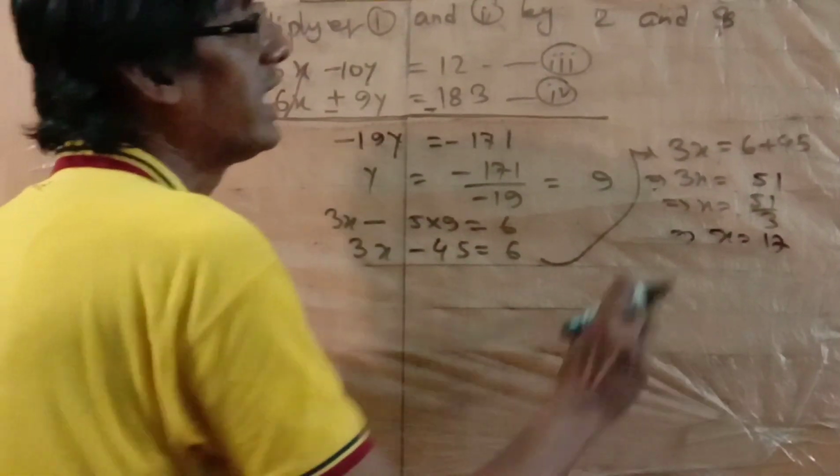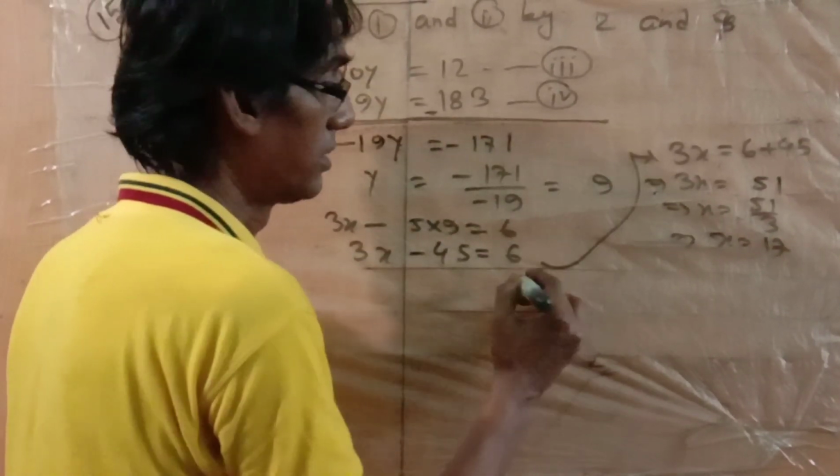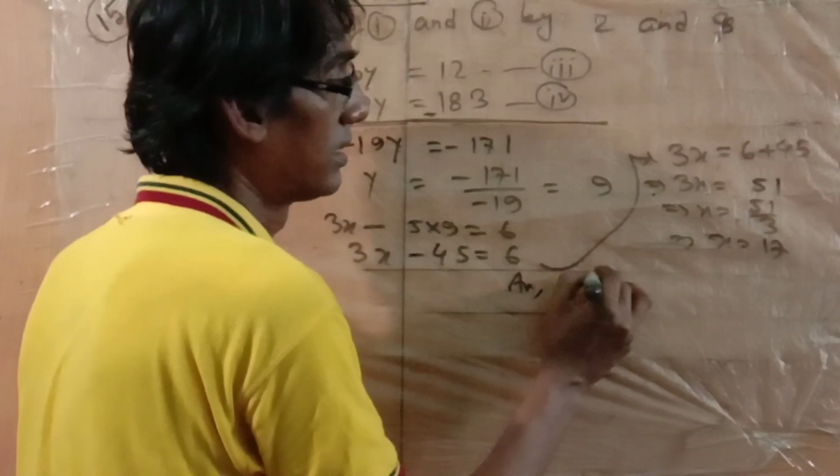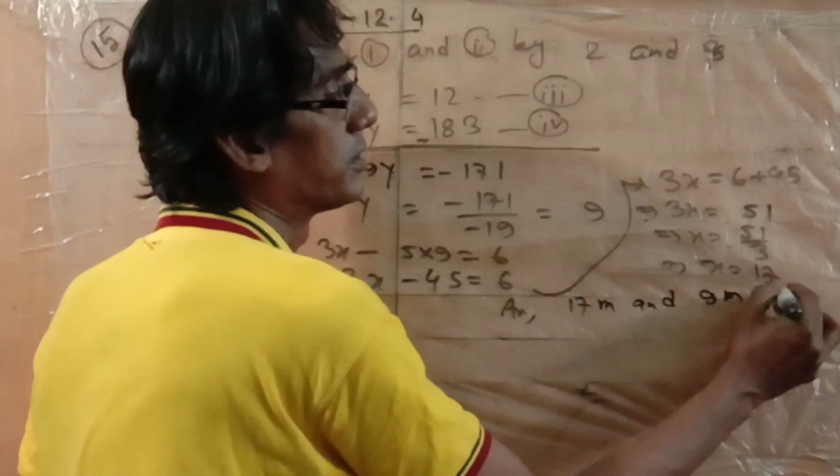So we get the length of the rectangle is 17 meter and breadth is 9 meter. So the answer is 17 meter and 9 meter.